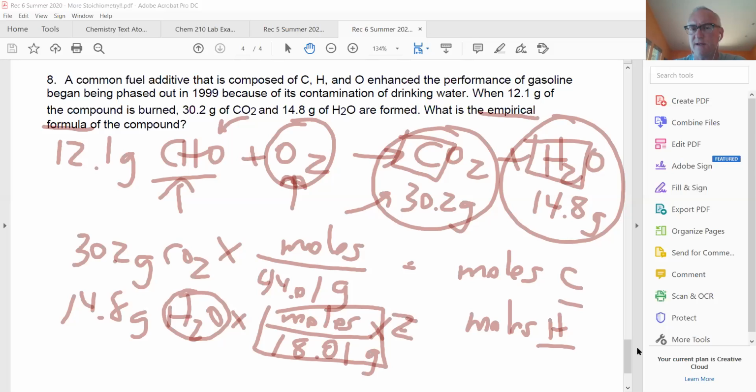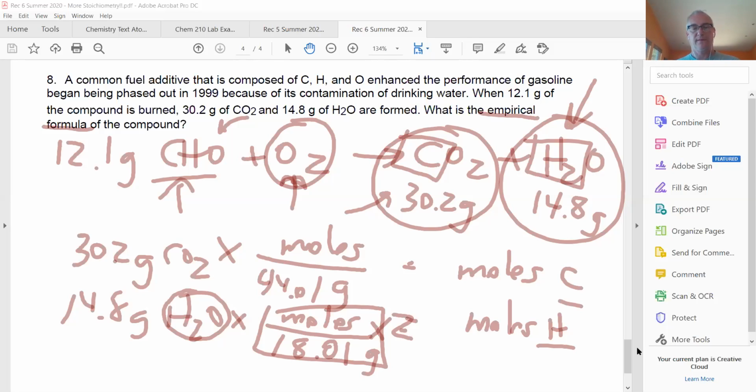Is that clear to everybody? Yeah. Can you repeat it again? Yeah. So every mole of water gives me 2 moles of hydrogen atoms. And it's hydrogen atoms I'm looking for, not hydrogen molecules, because there's hydrogen atoms in my reactant, not hydrogen molecules.